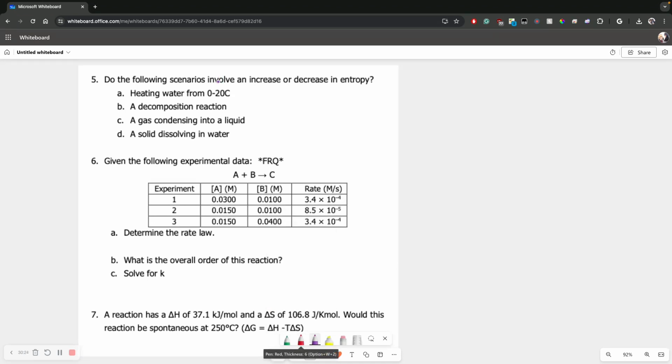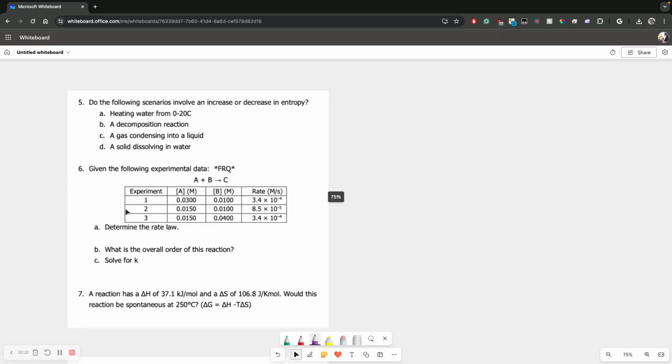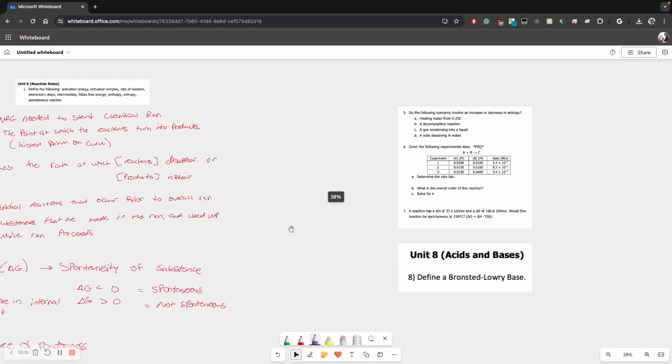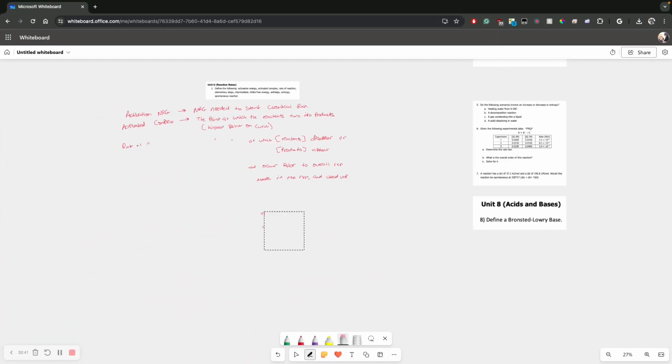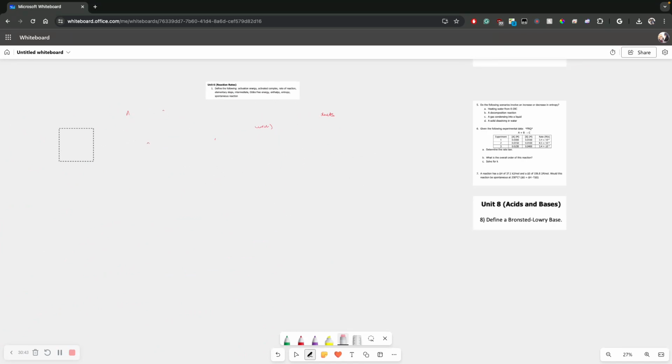Do it in my favorite color, purple here. So if you heat water from 0 to 20 degrees Celsius, hold on, I might have to erase this stuff. It's lagging. Okay, so I'm just gonna grab this eraser and erase this stuff. There we go.